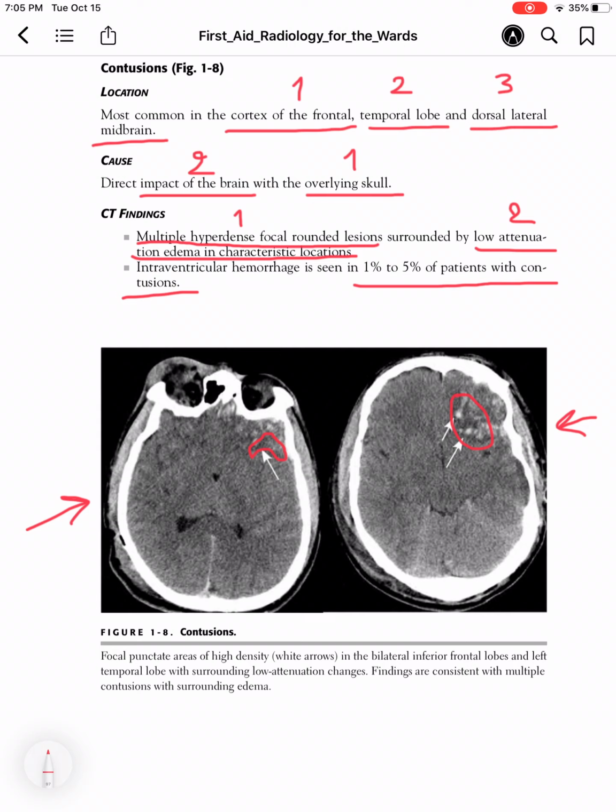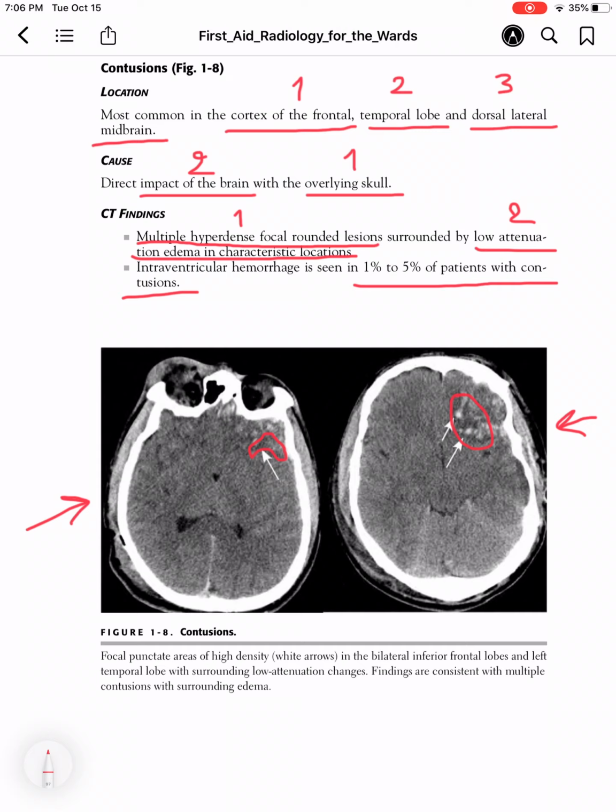So you will find that the low attenuation edema looks more black than the brain tissue. The brain tissue is not white and not black at the same time. It's basically gray, and when it's a little more black than the brain tissue, this is called low attenuation, and this is an indication of edema, which surrounds these hyperdense focal lesions.